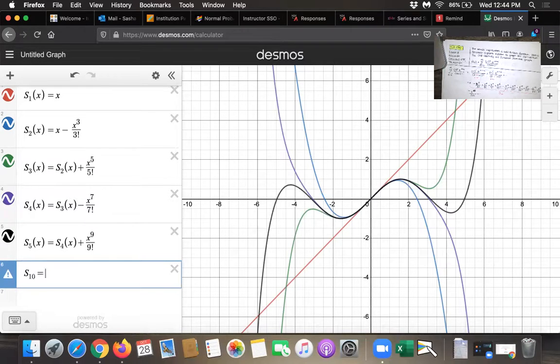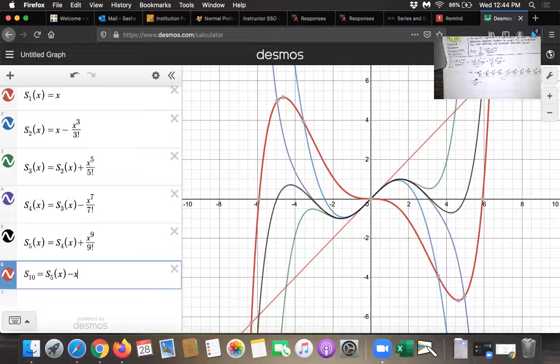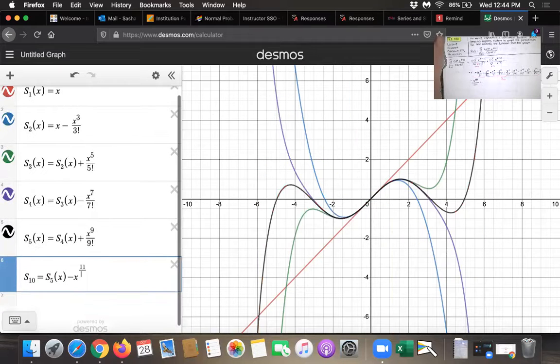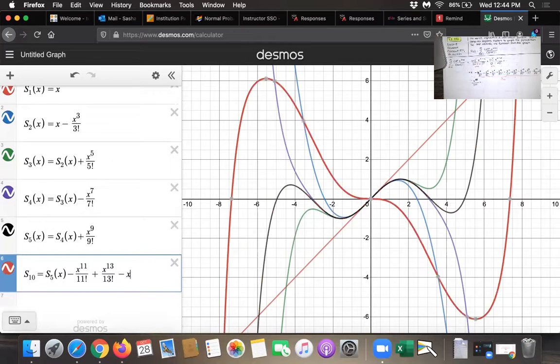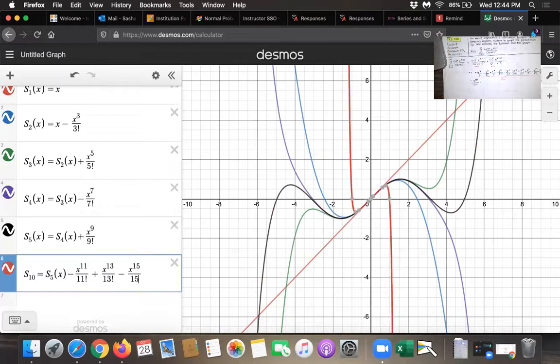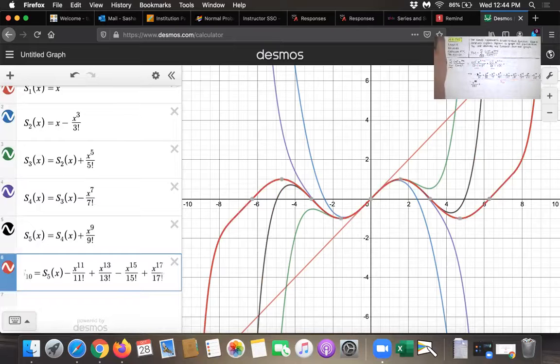So s sub 10 is going to be s sub 5 minus x to the 11th over 11 factorial and so on. So I'll just type that in. You could have just gone straight for this if you wanted to. I wanted you to see the partial sums though. I wanted you to see more than one.